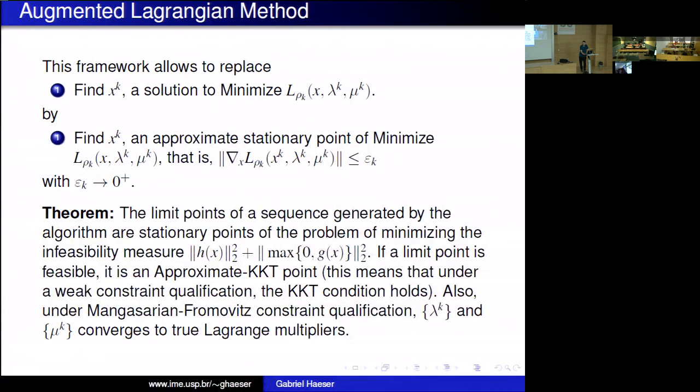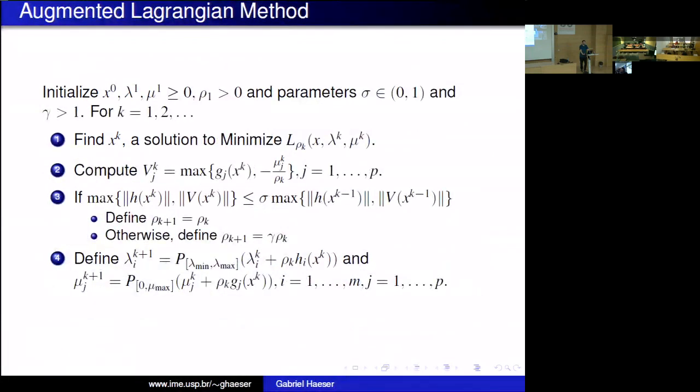Yeah. So, in practice, how would you get these boxes? Would it be easy to get some estimates, some values for lambda max and mu max? The theory says that if you take them large enough, no matter how large, it will work. But in practice, I'm not sure how we should fix these things.